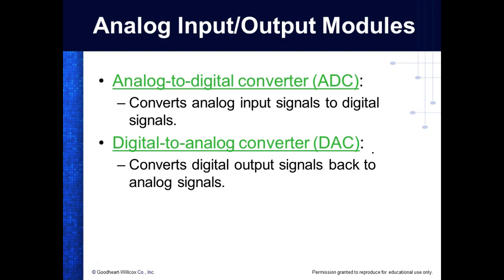A special circuit that converts analog to digital is called an analog to digital converter. And if I want to communicate with an analog world, then I need to go from digital to analog. That makes sense? We'll get into it more in more advanced classes, but the book talks about all this.